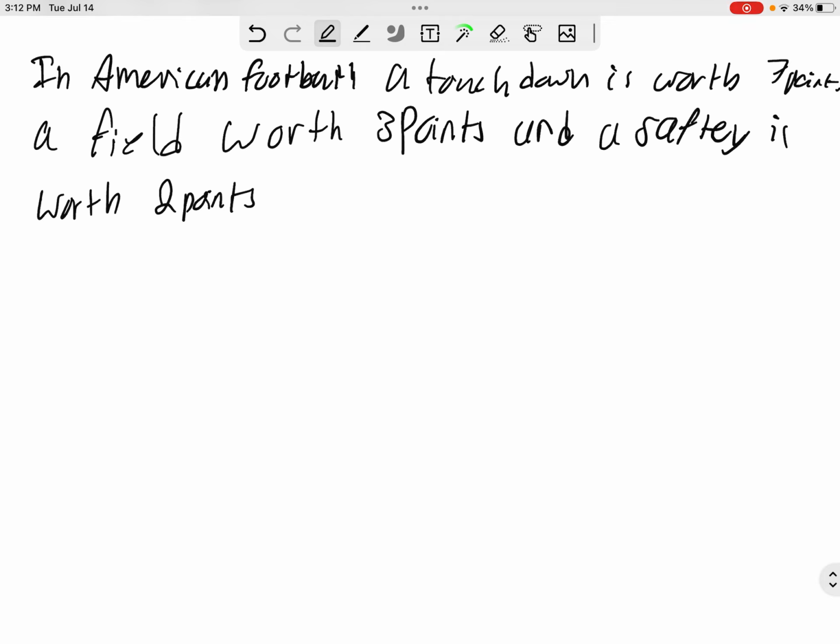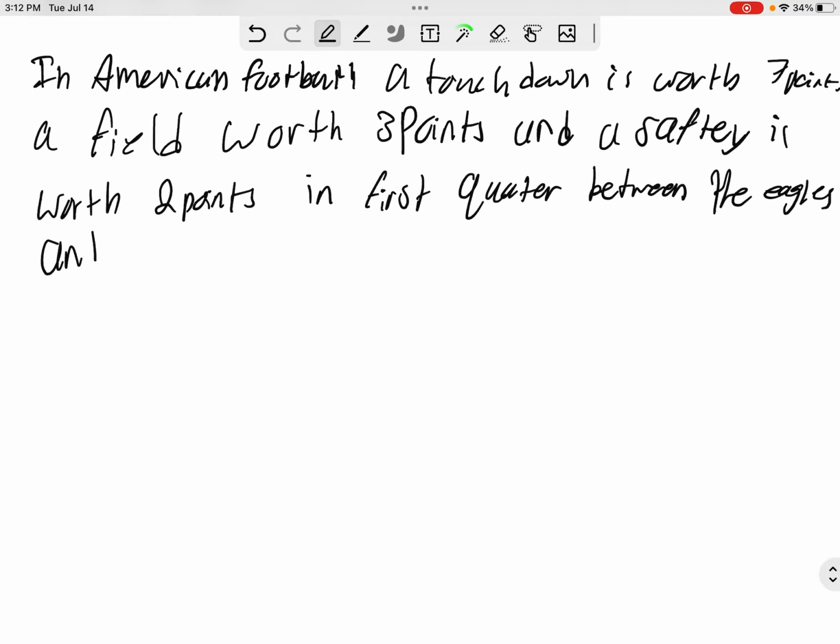In the first quarter, between the Eagles and the Cowboys, the Eagles score a field goal.